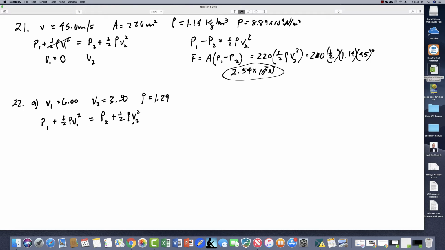And so again, the difference in pressure, which is what will propel the boat, is going to equal 1/2 rho times V1 squared minus V2 squared. And you can call 1 and 2 whatever you want, but it's going to equal 1/2 times 1.29 times 6 squared. Sorry, there's a squared in here, I keep forgetting.